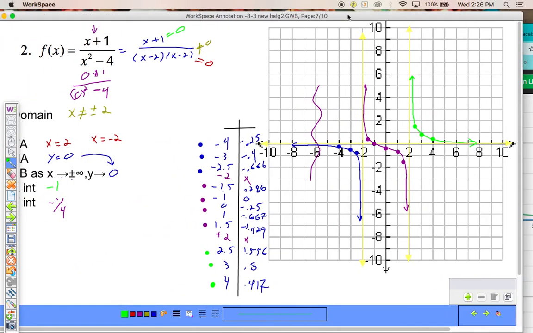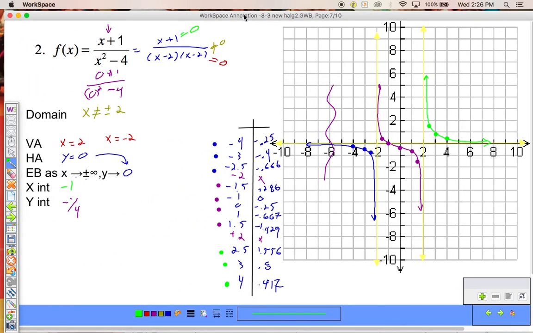All right, so after we get all of this, if I double check it, my x-intercept's negative 1, that's true. My y-intercept's at negative 0.25, that's true. And I got everything else that matches up.